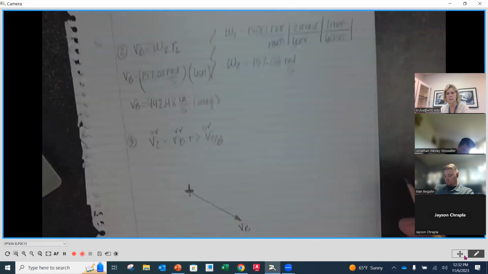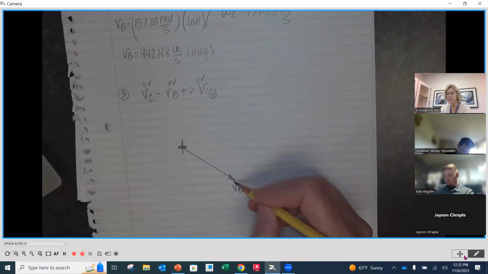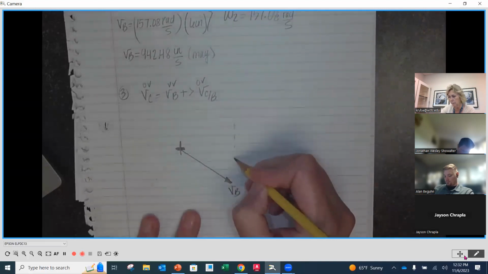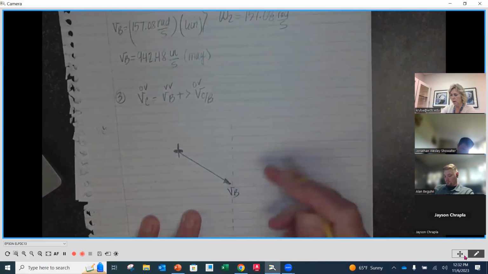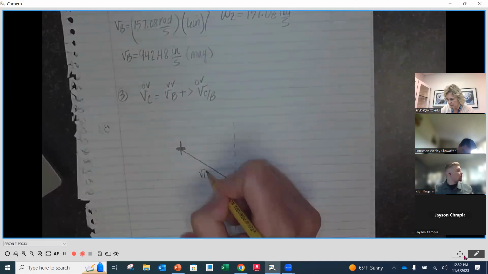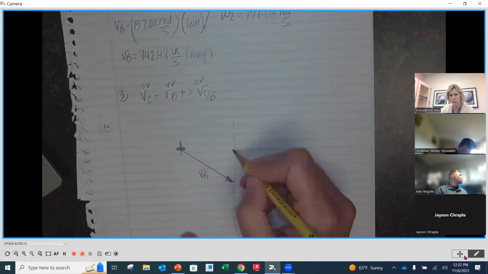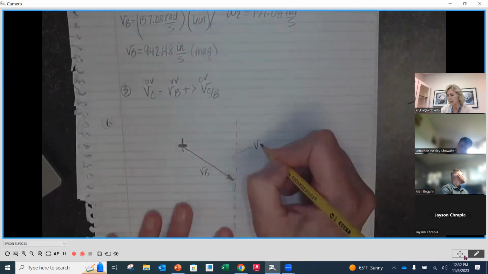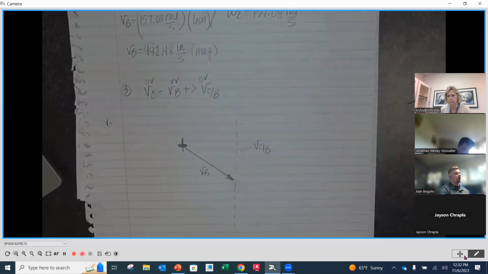So that means that on the tip of the velocity of B, because I'm adding vectorially, I am simply going to draw a vertical line. This is a vertical line representing the direction only of the velocity of C relative to B. Okay.